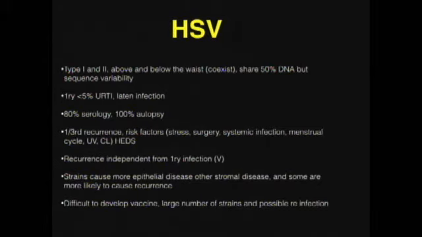That's why it's very difficult to have a vaccine for herpes simplex viruses, because of the multi-infection and reinfection. However, once the infection has occurred, the virus will stay latent in the ganglion cell, okay?